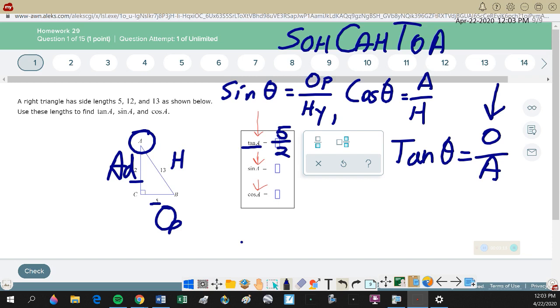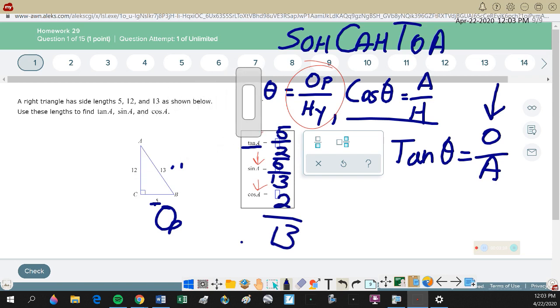Well, the sine of A. Sine is O over H. So I take the O side, which is 5, and the H side, which is 13, and the answer is 5 over 13. And then the cosine is A over H, which would be the A side of 12 divided by the H side of 13.